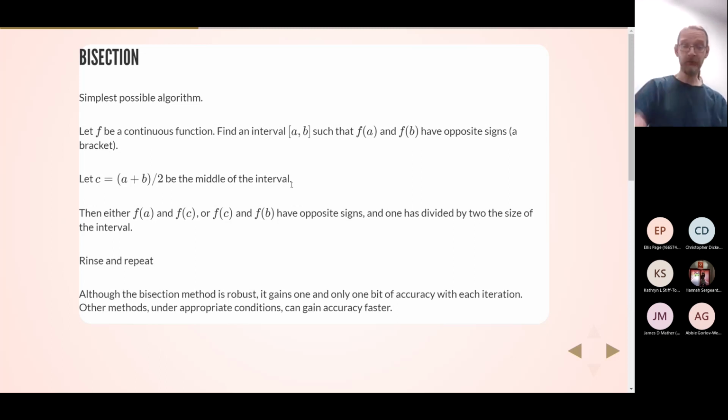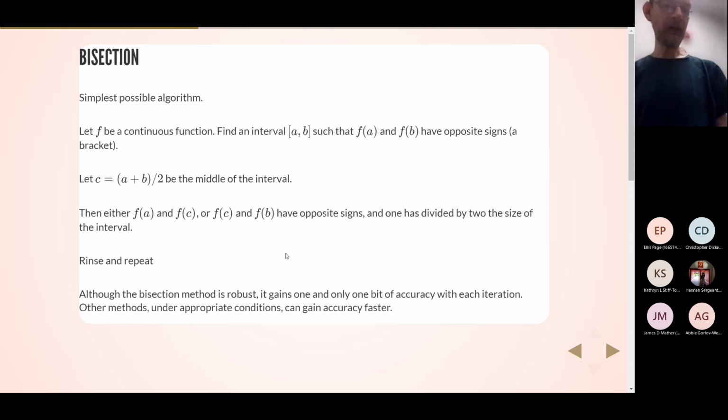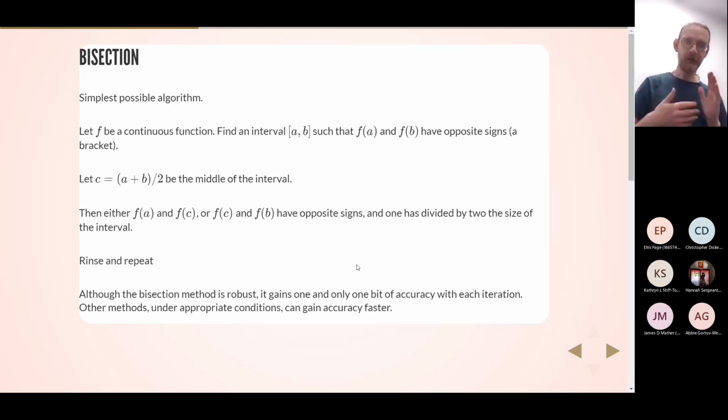And you just rinse and repeat. This is kind of slow. Each time you bisect, you know what range the root is in, and you reduce it by half. So you're halving your error on your root each time. If you've got a function that's got multiple roots, then you'd need different starting conditions to find the different roots. That goes in general.